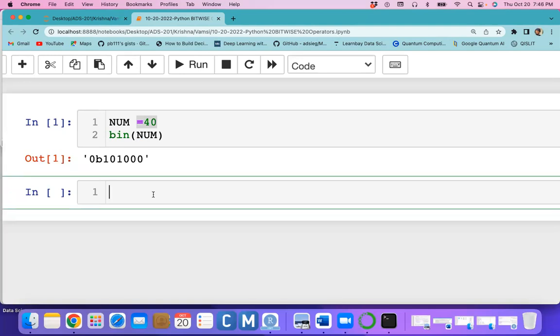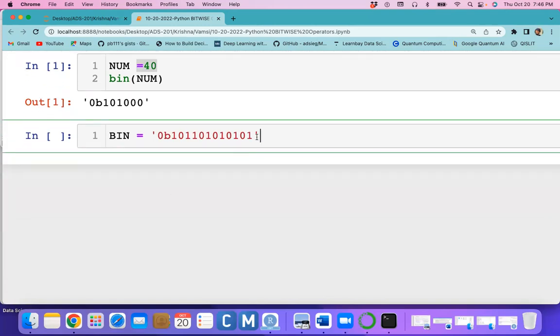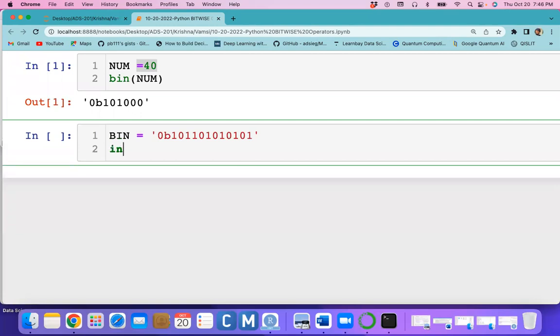For example, I have a binary number. You can represent it with 0b, and then 1011010101 something. Okay, so we have a number something like this. This is the number I want to convert into the decimal number.